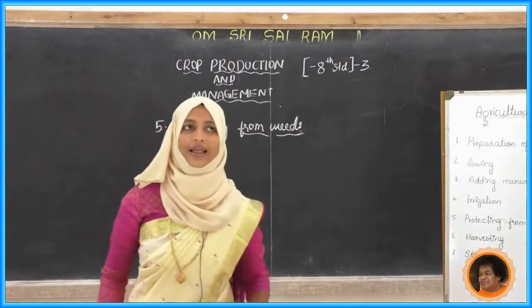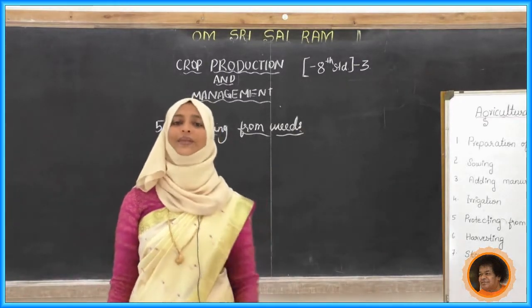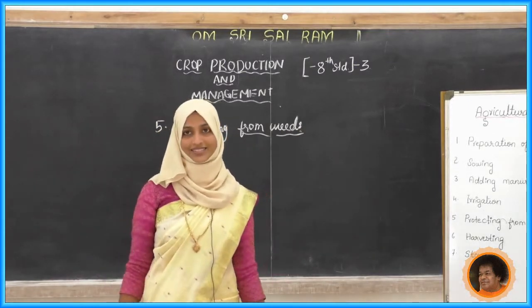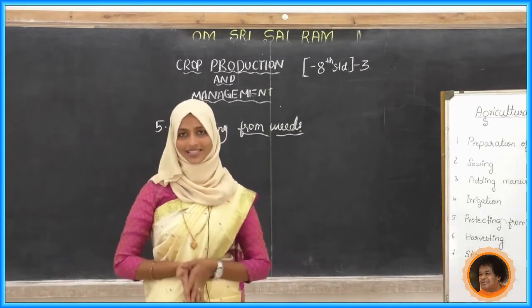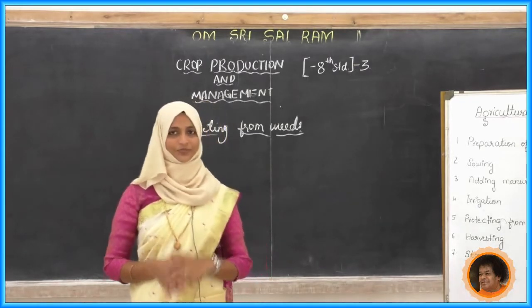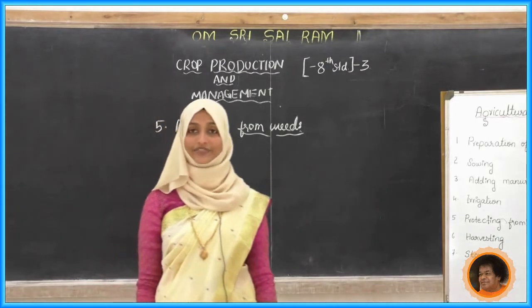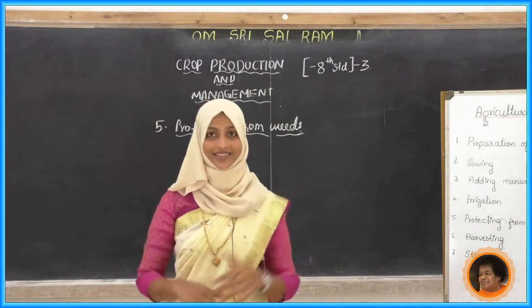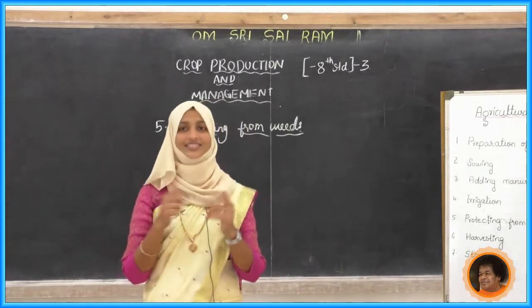Is it a plant? Yeah, that is a plant itself, but it is an undesirable plant, an unwanted plant. Have you seen these weeds in your field? Yes. If you have a paddy field or any other field, we can see this.